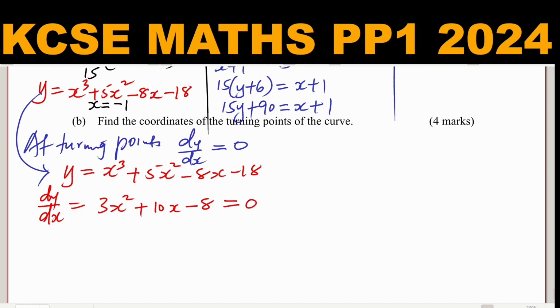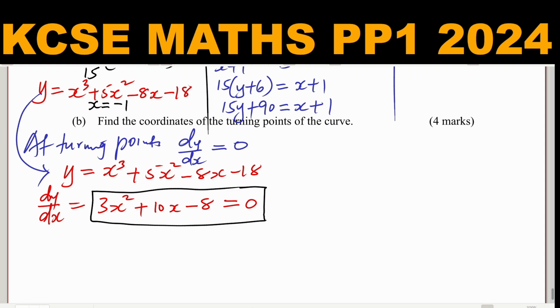Therefore, when you solve this equation, it will give you the x coordinates of the turning points, and then you're going to use the x coordinates to get the y coordinates, and that will give you the points.